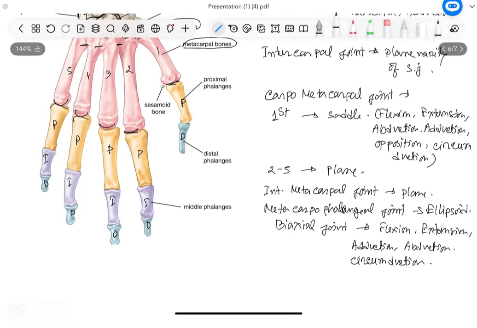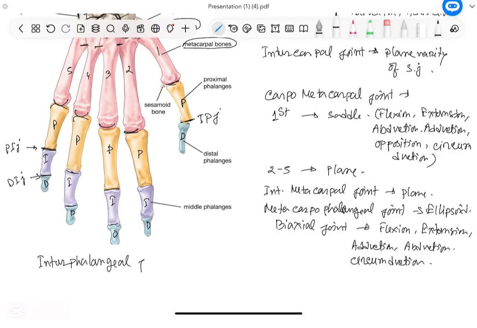After that, the phalanges are interconnected: proximal, intermediate and distal. As there are three, there will be two joints, the proximal interphalangeal joint and the distal interphalangeal joint. But for the thumb only one, the interphalangeal joint.